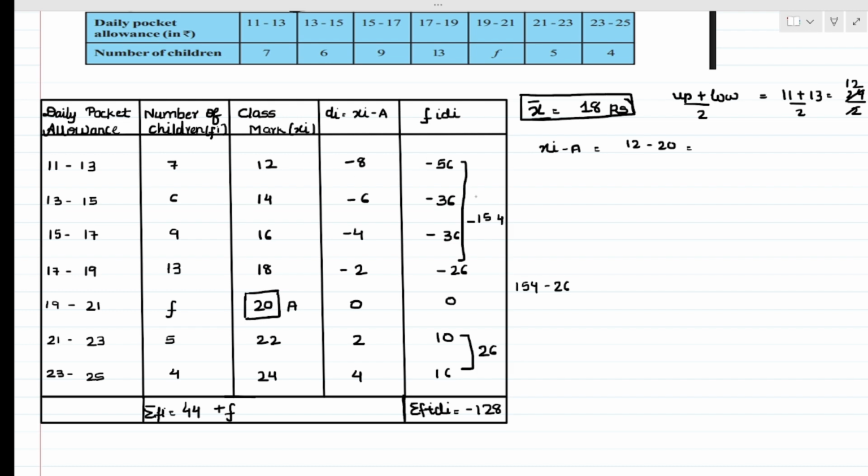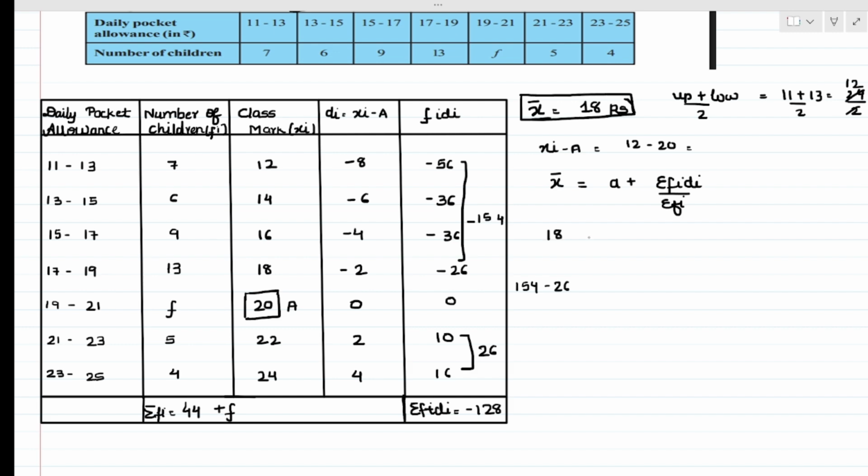Okay, so after doing the column work, go on to your theoretical work by substituting your formula. What is the formula for x bar? For the assumed mean, your formula says x bar is equal to a plus sigma Fi di upon sigma Fi. Now in this case, we know our x bar, which is already given in the question. It's 18.